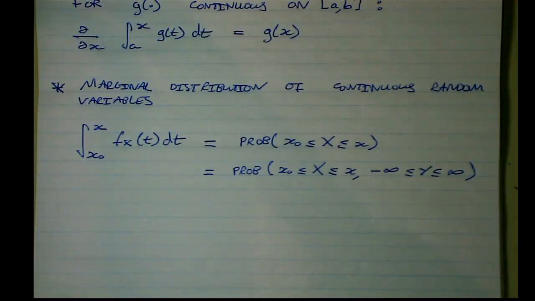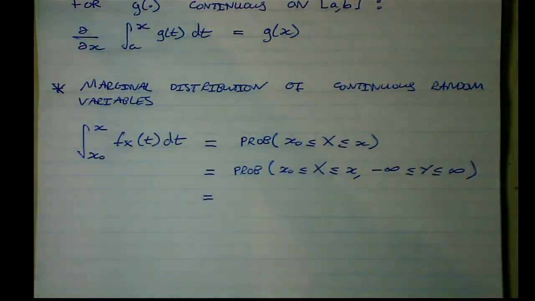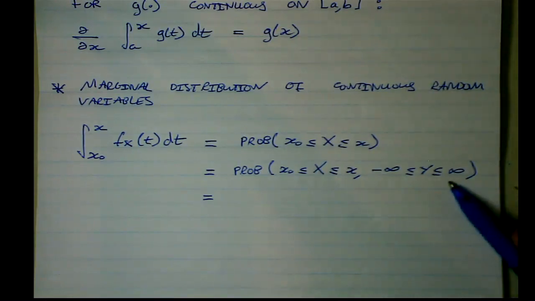Y has to be something, and it has to be something between minus infinity and infinity. Okay. So, how do we get that? Well, I just need to integrate my joint PDF. Over x I need to go from x0 to x, and over y I need to go from minus infinity to infinity. That's what will give me this probability here.